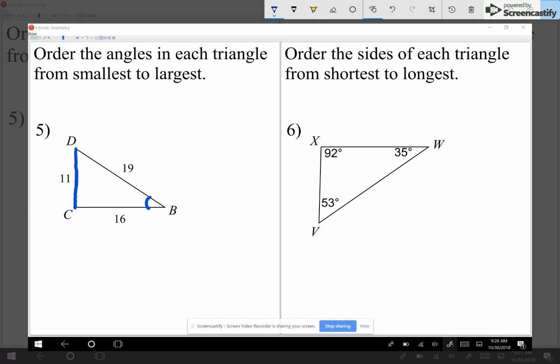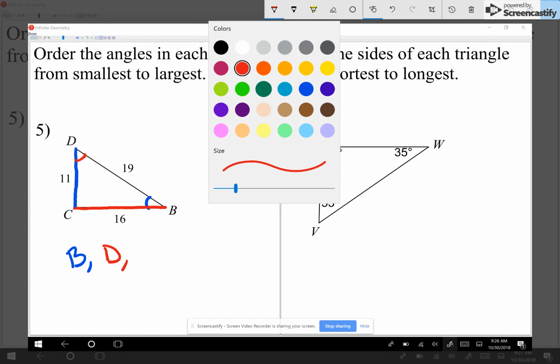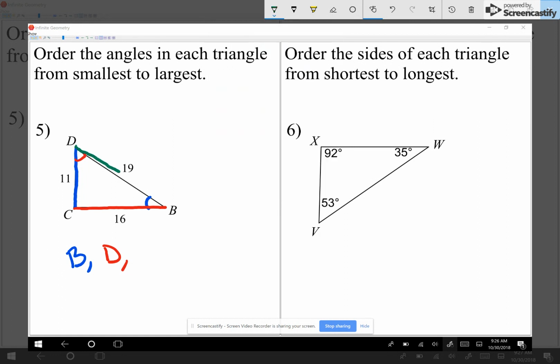Since the angle opposite from 11 is angle B, I'm going to say the smallest angle is angle B. Then I go to the medium side, 16. 16 is opposite from angle D, so that's the medium angle. And lastly, the biggest side, in this case 19, is opposite from angle C. The biggest side is opposite from the biggest angle, and the smallest side is opposite from the smallest angle. So my angles are B, D, and C.